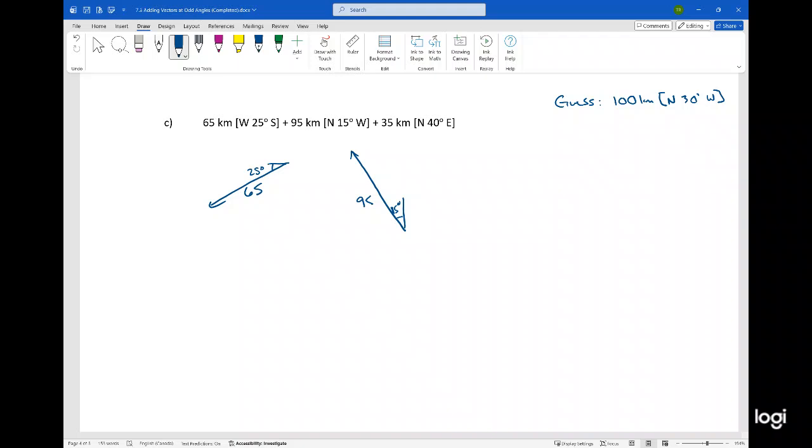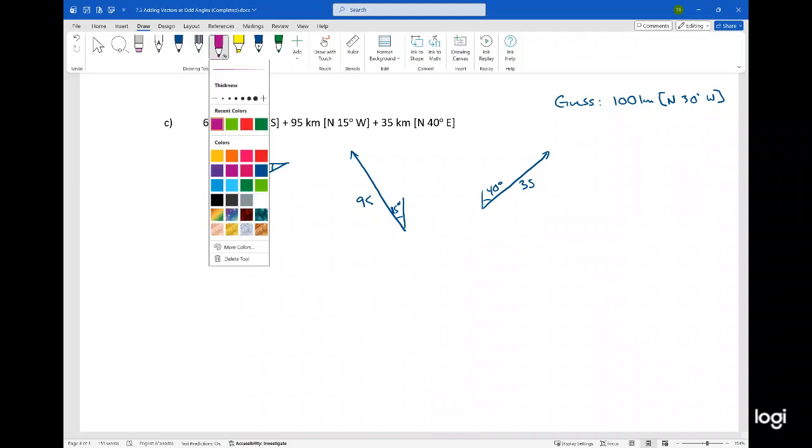And the third one over here is going to be north 40 east. So something like that. The fact that they're not touching and they're not attached head to tail really doesn't make any difference. We're still going to do it the exact same way.